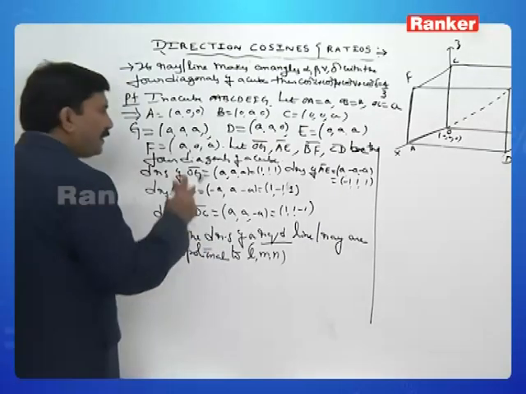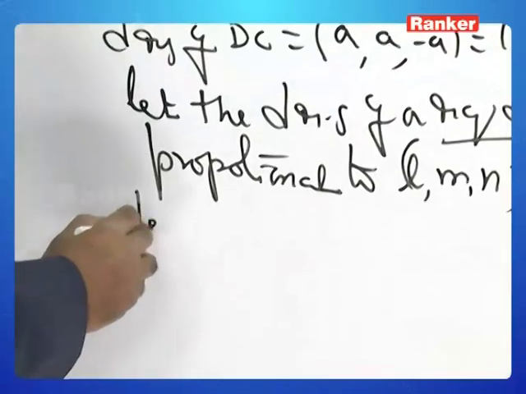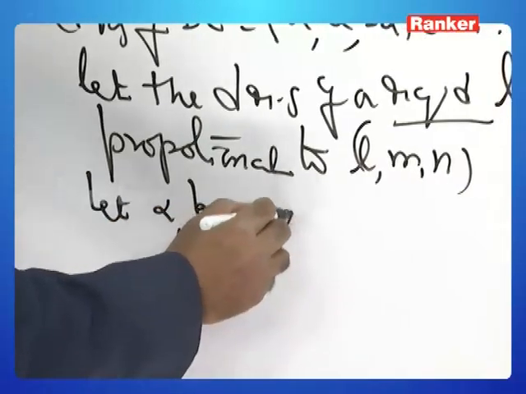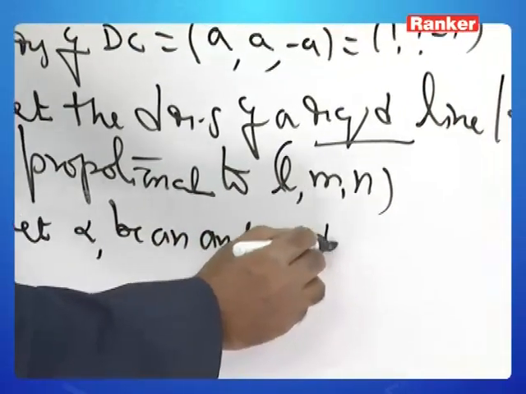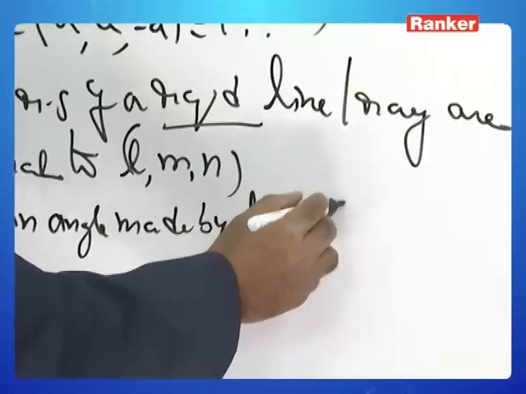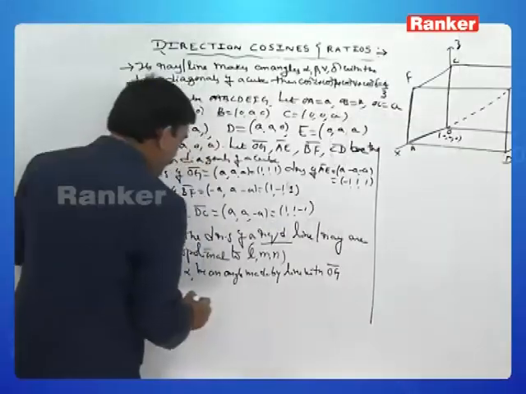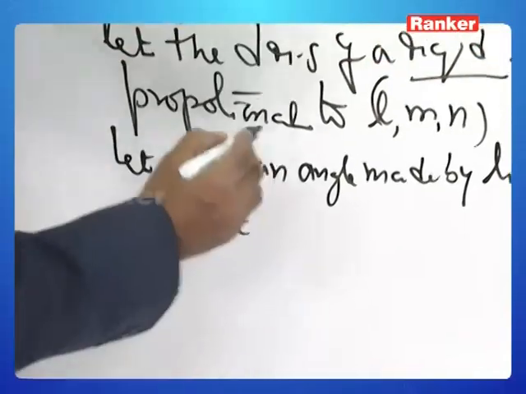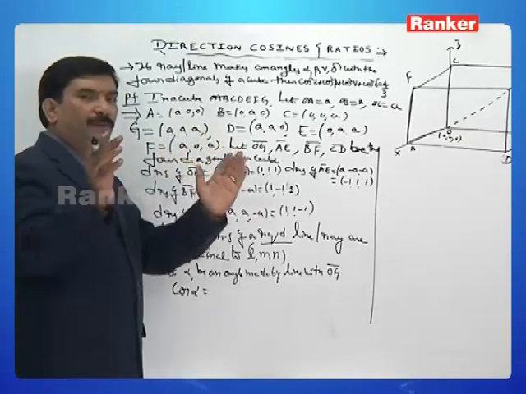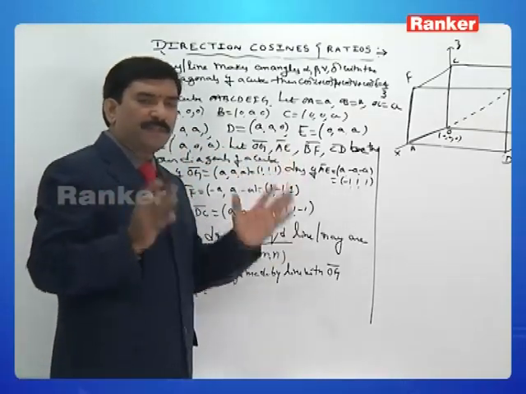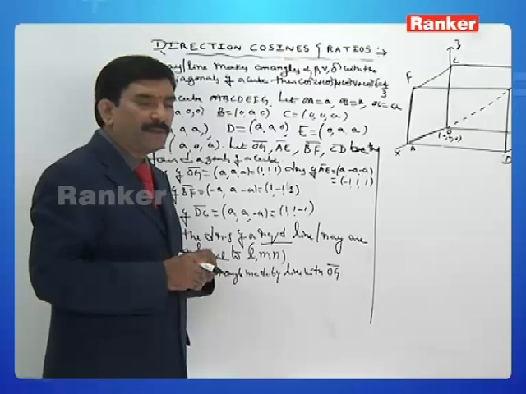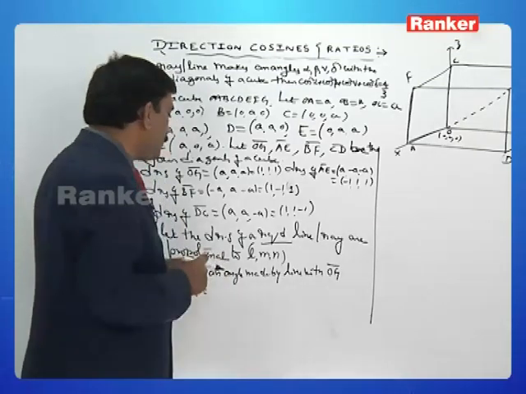So now, look here, let alpha be an angle made by the line with OG bar. Therefore, cos alpha is equal to a1a2 plus b1b2 plus c1c2 by square root of a1 square plus b1 square plus c1 square into square root of a2 square plus b2 square plus c2 square.